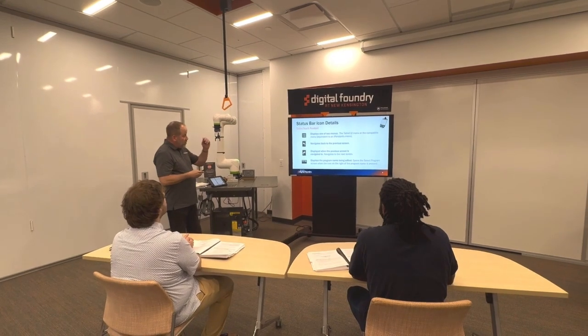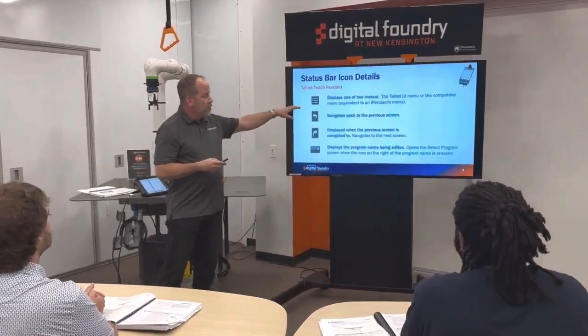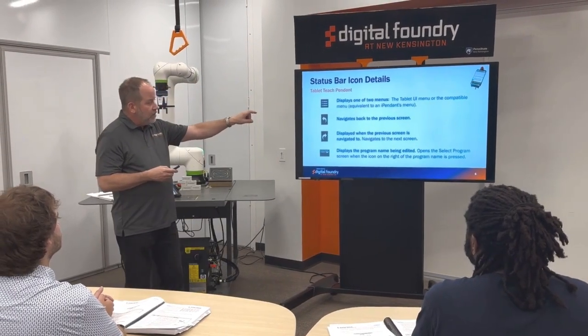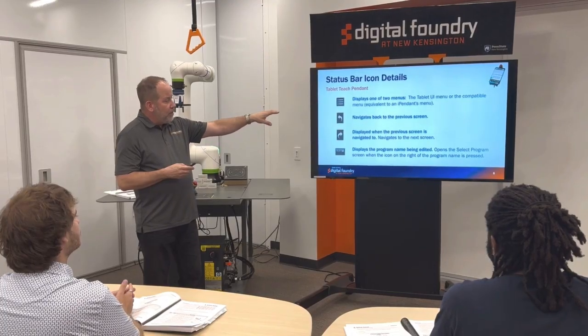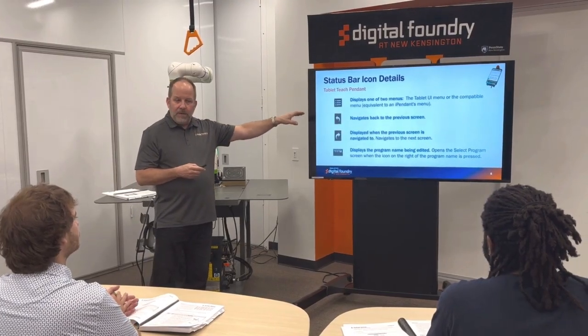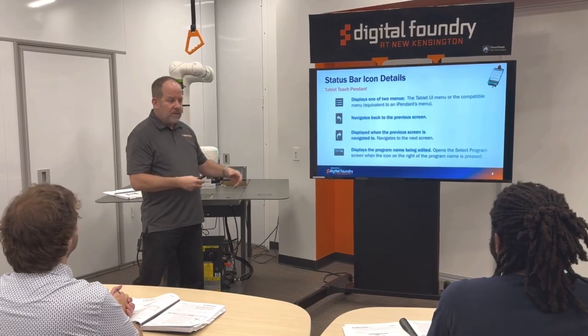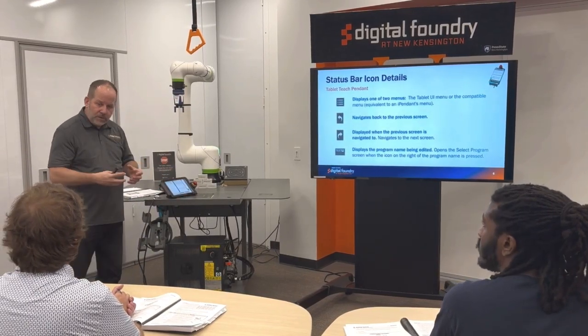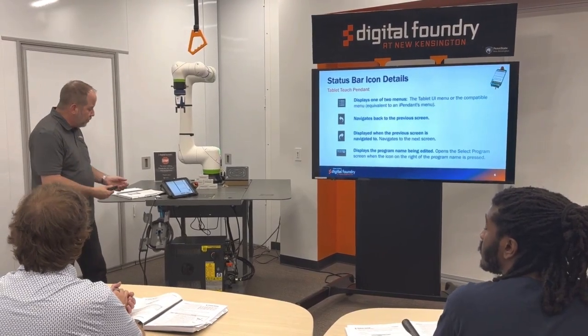All right, the status bar icon details. The hamburger, what I call the hamburger chart, displays one of 2 menus, the tablet user interface menu or the compatible menu, which is similar to the iPendant menu that you may have learned when you were going through handling tool. And that's the one with the iPendant kind of system where you had the dead man switch, all right?